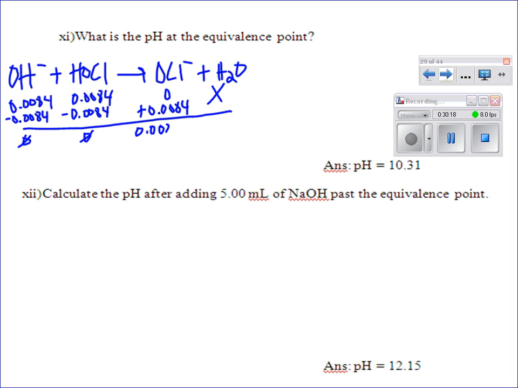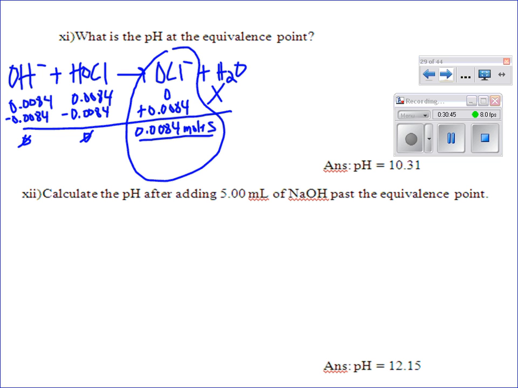So we have 0.0084 moles of this. So now what's left over is the need to add that to water and do a rice table and be in a hydrolysis scenario, but we can't put that in a rice table until we divide by what? The liters. That's why we needed, people are like, why do you need to know how many mils? Because this is why. We got to know how many mils were required to reach that equivalence point.